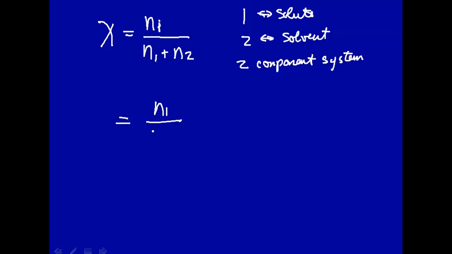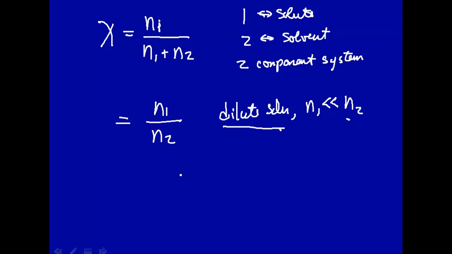Now let's make the assumption that I have a dilute solution. This ratio then becomes just N1 over N2. A dilute solution implies that N1, the number of moles of solute in solution, is much less than the number of moles of the solvent. So we're starting to make approximations already. Let's contrast this with molality.